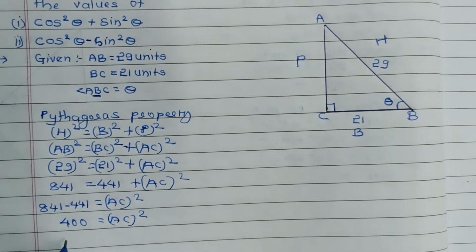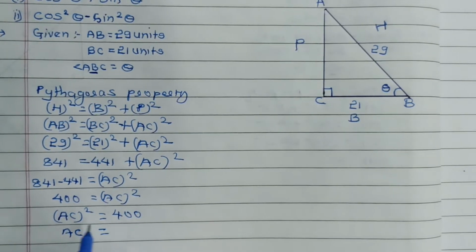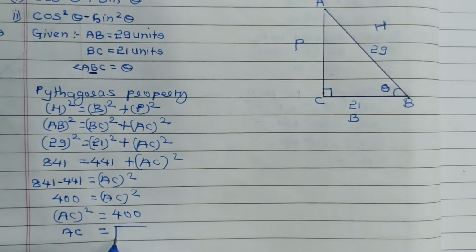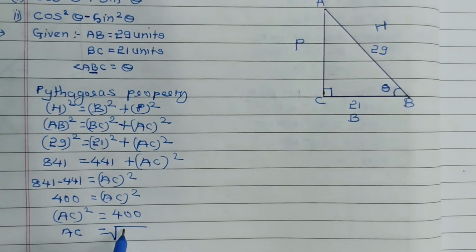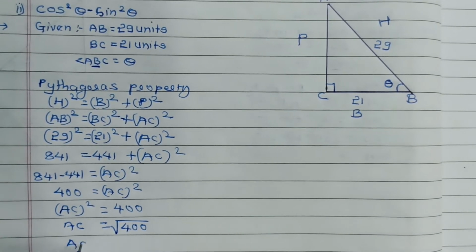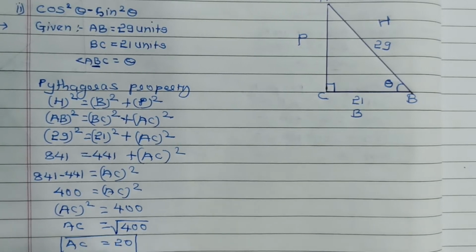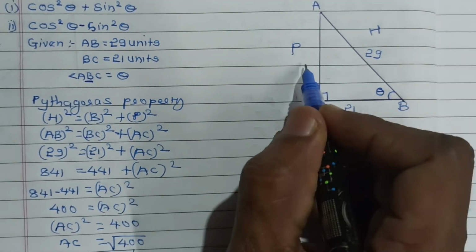Let me bring this AC square right hand side and this 400 to left hand side. AC is equal to, this square you have to bring to right hand side. That time you are getting here square root now. So this is 400. So what is the square root of 400? 20. So AC is equal to 20 units. So this is 20 now.